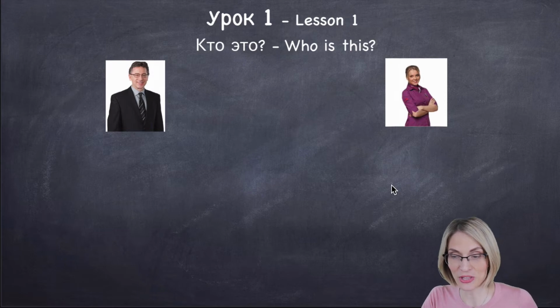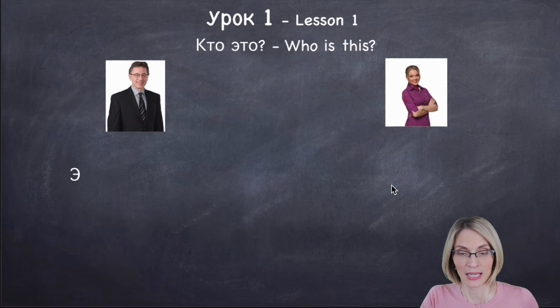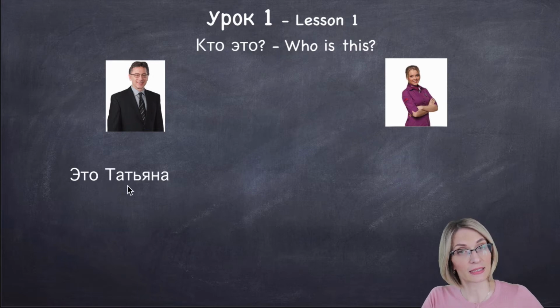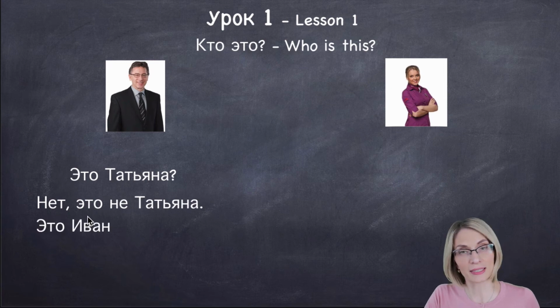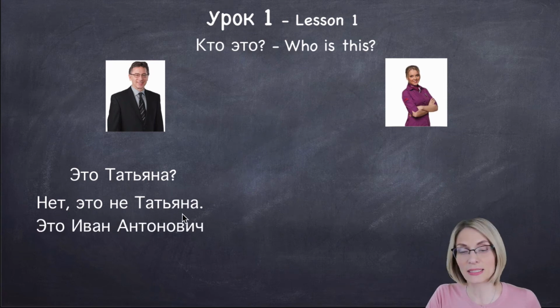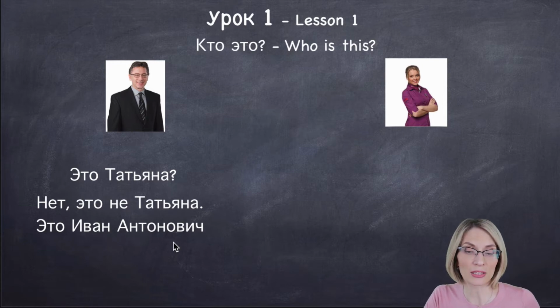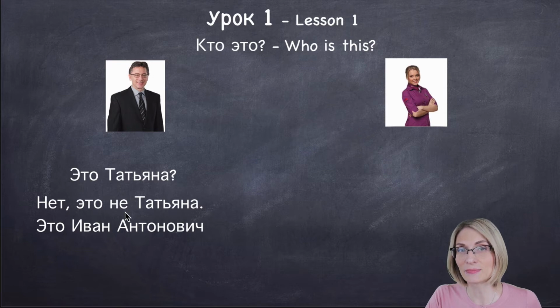Now let's switch them and ask questions and ask negatively. Это Татьяна? Obviously, нет, это не Татьяна. Это Иван Антонович. The negative particle «не» will be used right before the word you want to negate.